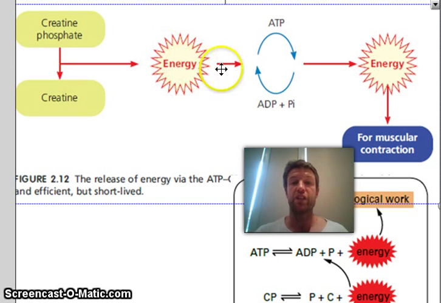And that release of energy provides energy for ADP plus that phosphate molecule to be resynthesized and rebuilt back into ATP, ready to be broken down yet again for energy for muscular contraction. Now, if the ADP has not been resynthesized, we have to slow down, or we can't contract our muscles as intensely or as forcefully. And so that sees our performance diminishing.